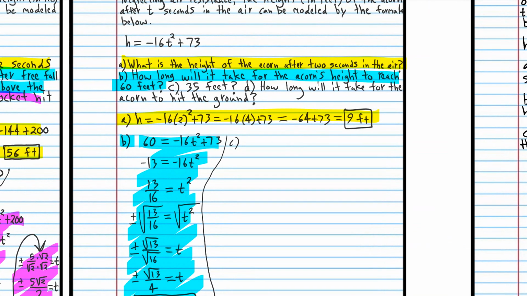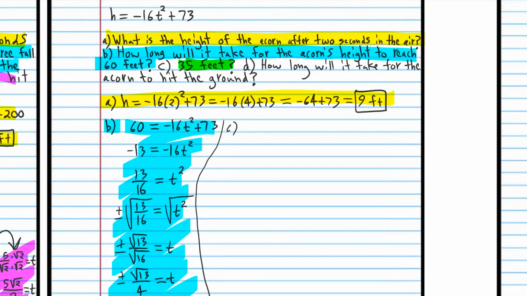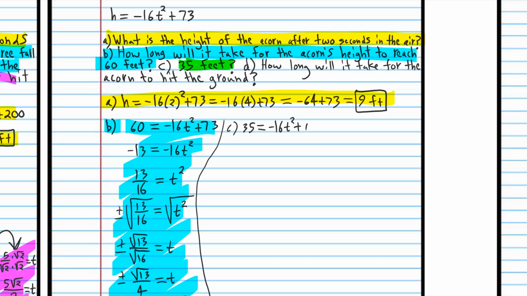So for part C, it wants to know how long it'll take for the chipmunk to be 35 feet in the air. So we let h equal 35. And subtract 73 from both sides, and we get negative 38. Divide both sides by negative 16.